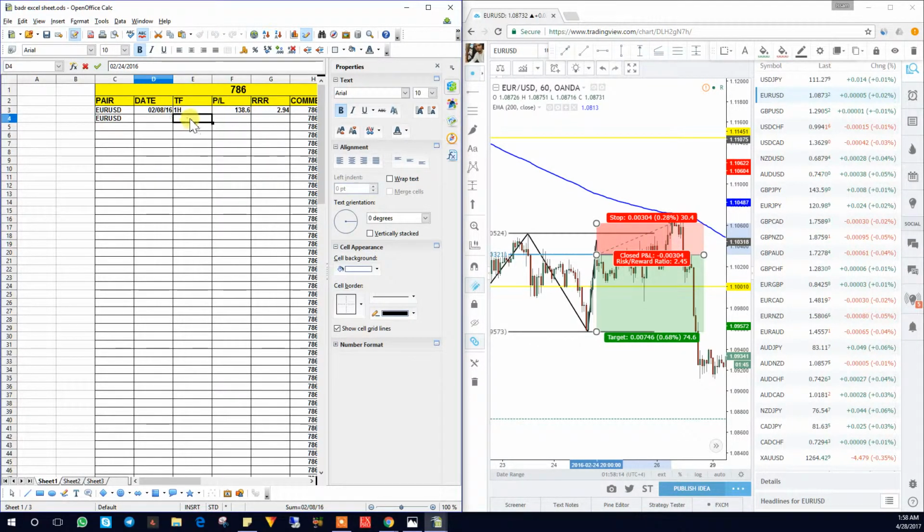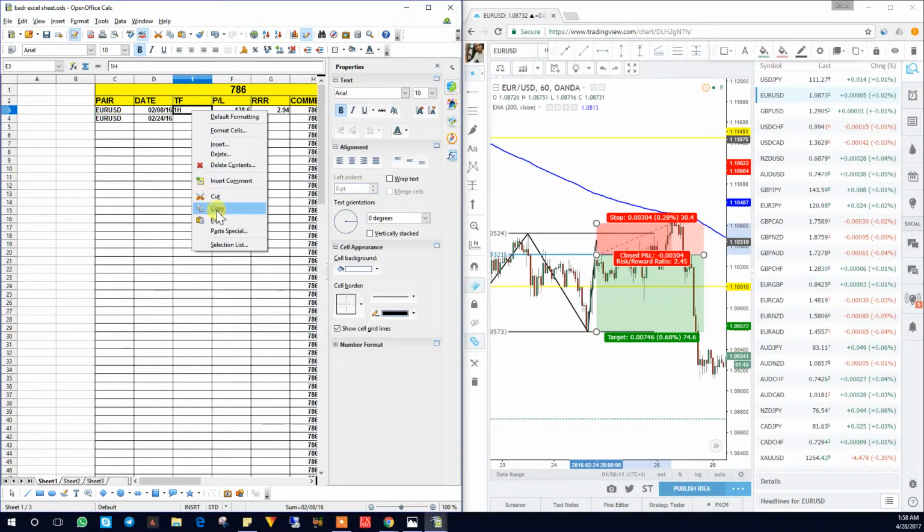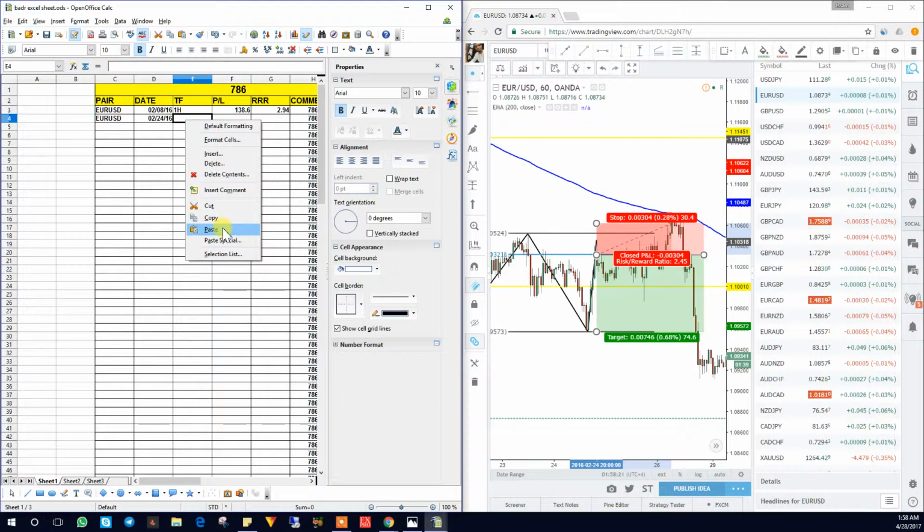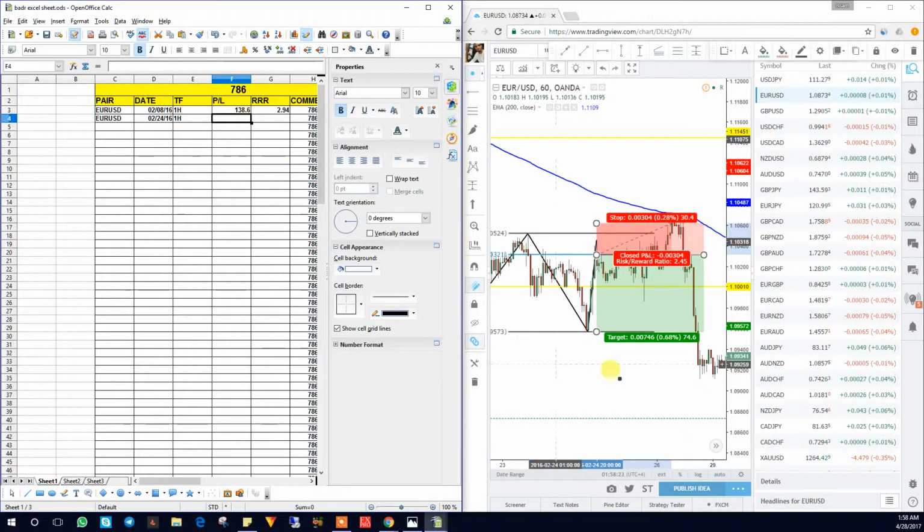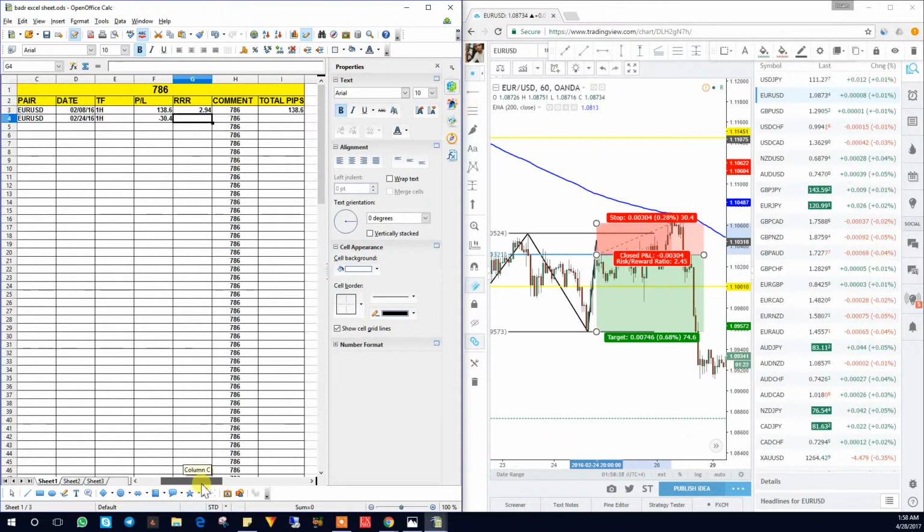All right, the same exact time frame, but this time the trade is losing. How much did I lose? 30.4 pips. All right, I'm gonna put a minus this time since it's a losing trade. This minus is very important. And the risk reward ratio when it is a losing trade is -1.